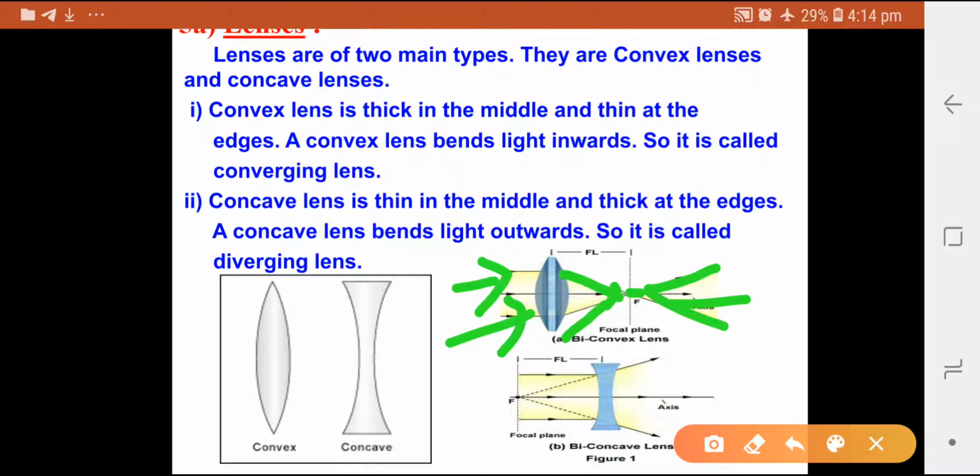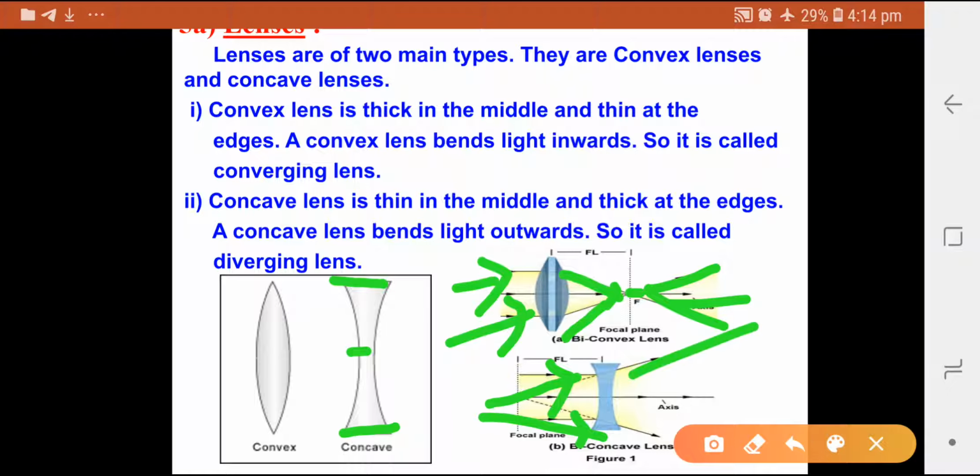But if you compare the concave lens, at the middle it is thin, but at the edges it is very thick. And when the light falls on the concave lens, the concave lens bends light outward.